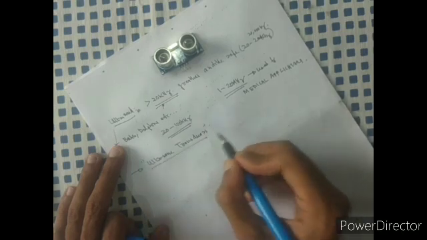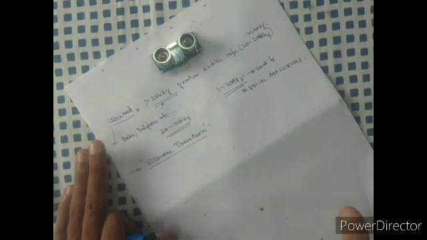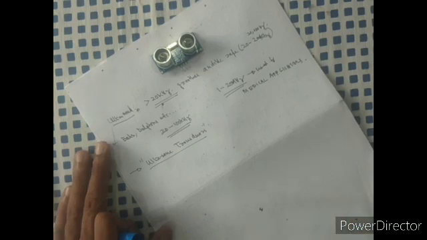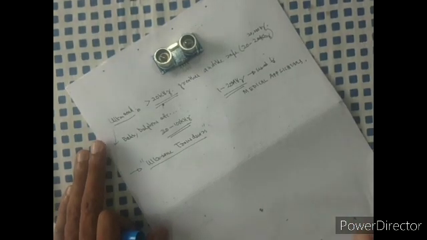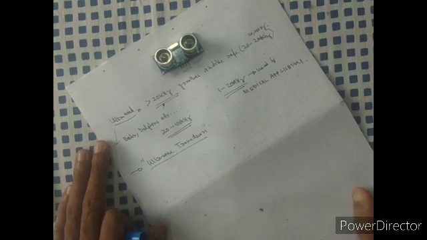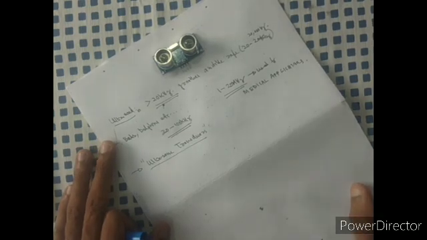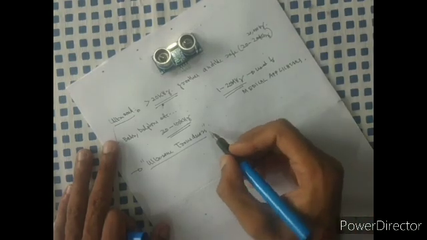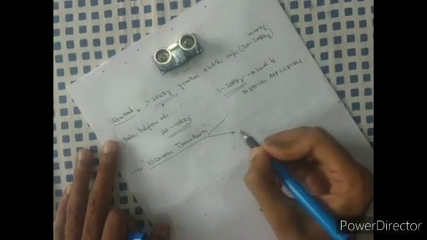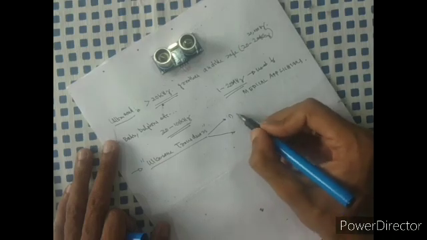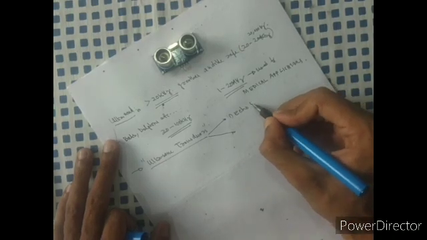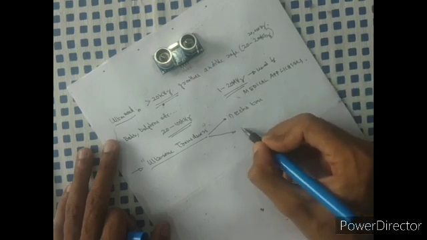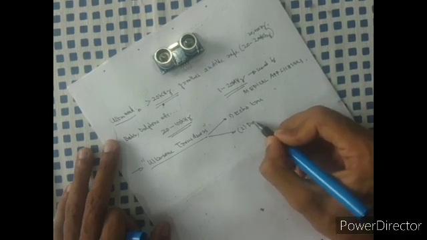There are varieties of ultrasound transducers available, based on the nature of the signal to be detected. But generally these transducers work on two principles: one is the echo time, and the other is Doppler shift.